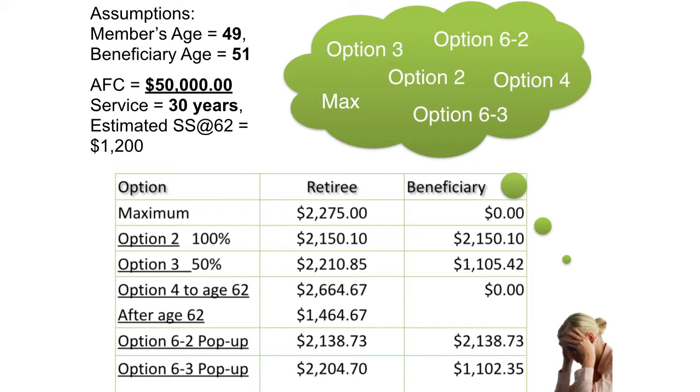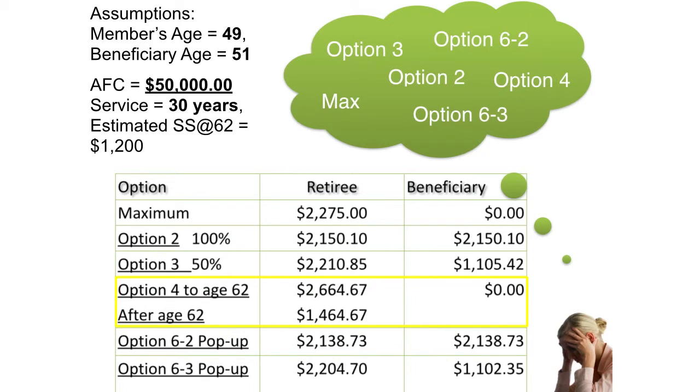When the member dies, the beneficiary will receive $1,102.35. But should that beneficiary die before the member, the benefit pops up to the maximum. Now, with options 2 and 3, your benefit will not change should your beneficiary die before you do.